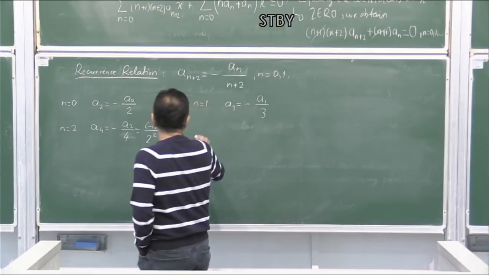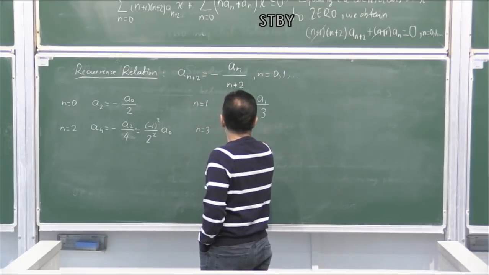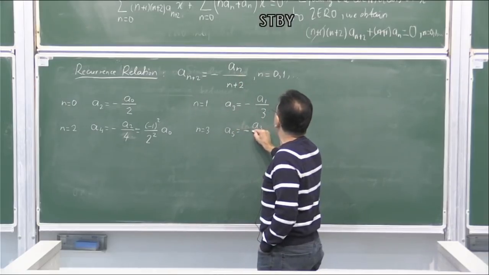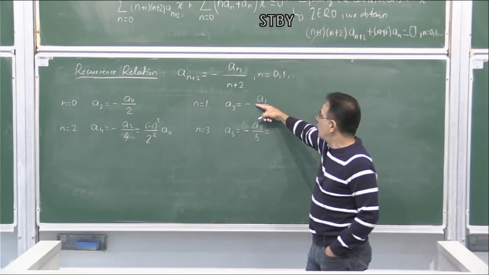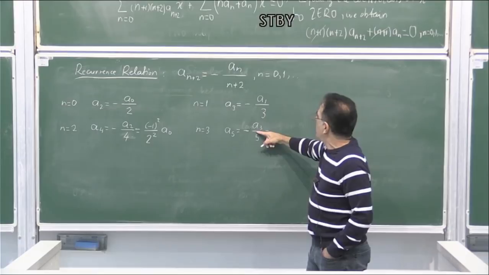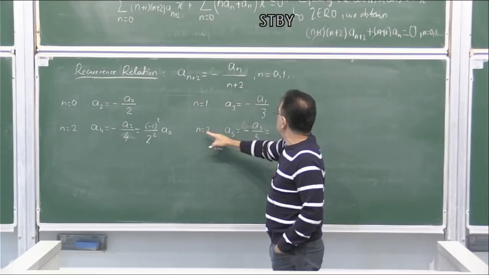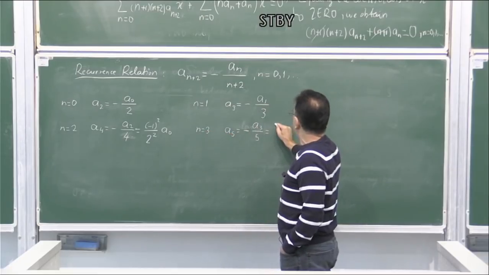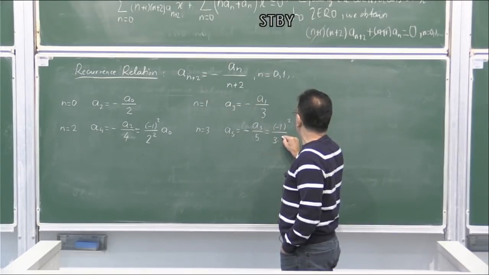Okay. Then when n is 3, we find a5 from the recurrence equation, which is minus a3 over 5. So a3 is known in terms of a1. So we have minus 1 squared over 3 times 5 a1.